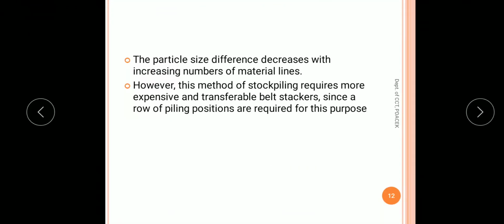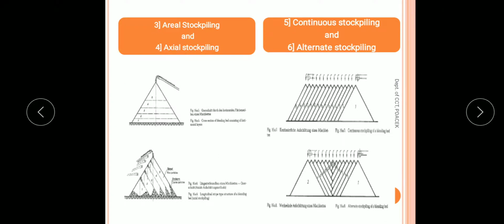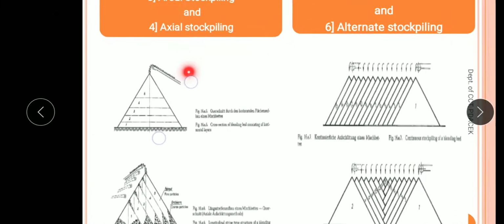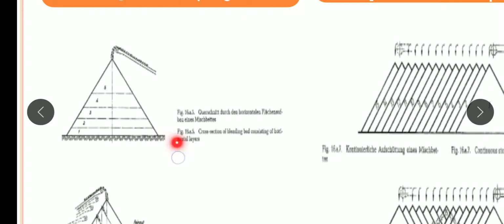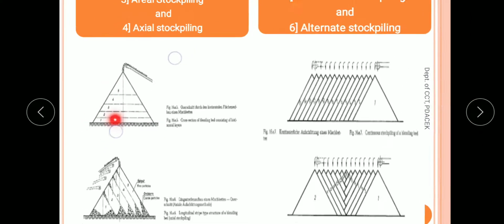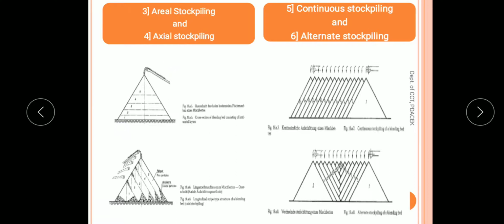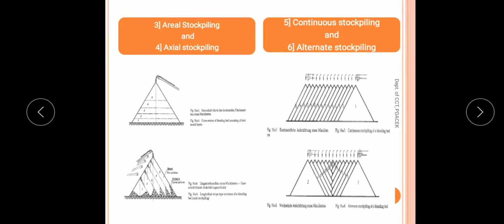Then, going to the next type of stockpiling, you have another type. The third one is the aerial stockpile. You can see here, this is aerial stockpiling. Here the first layer is laid, then the second layer, then third, fourth, fifth, like this. You can have many layers laid. Then again the reclaiming will be the same as in the earlier stockpiles.